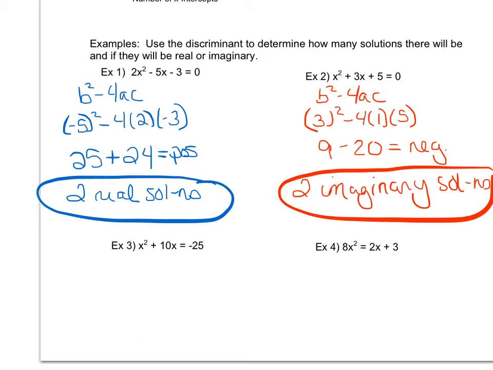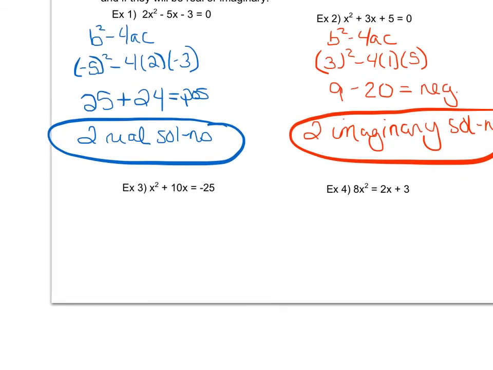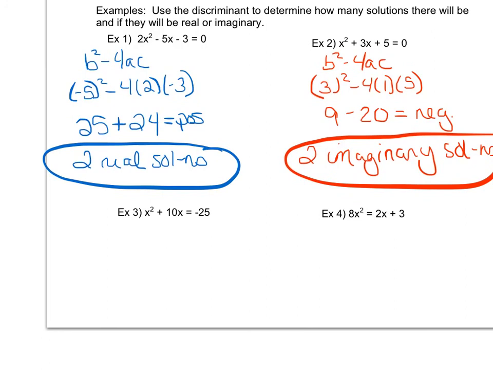Let's start by looking at example 3, and then we'll look at example 4, and then this video will be done. On example 3, notice that I'm not in standard form yet, so I want to change this to standard form first. So I'm going to go ahead and add 25 to both sides, giving me x squared plus 10x plus 25 equals 0.